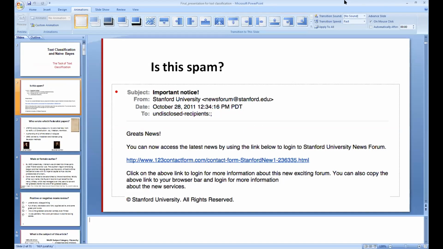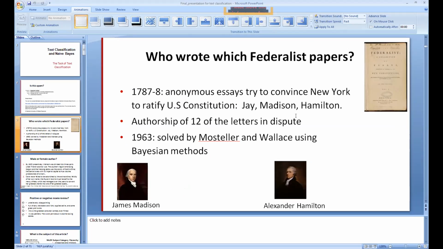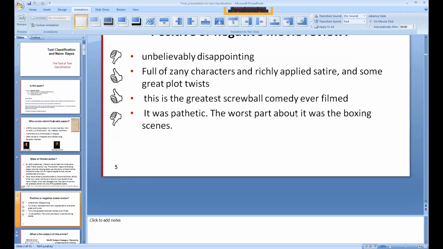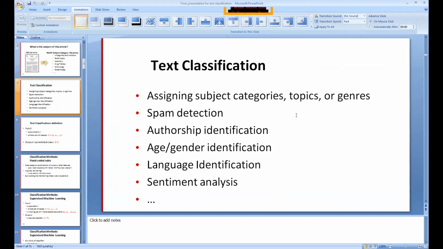Guys, is the screen visible? My screen is visible? I hope my screen is visible, guys. The PPT is visible? So yes, it's visible.